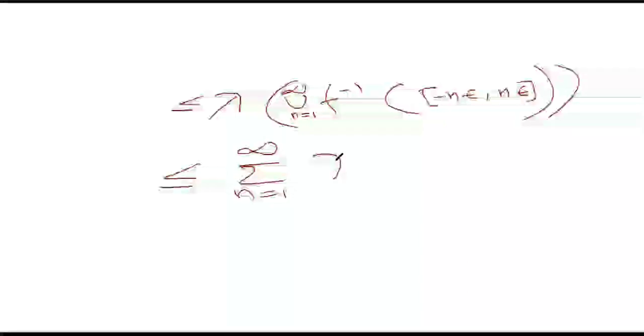So this is it. And that's less than or equal to, again using the sub-additive property of the Lebesgue measure, the summation, n runs from 1 to infinity, of the Lebesgue measure of F inverse of minus n epsilon to plus n epsilon.